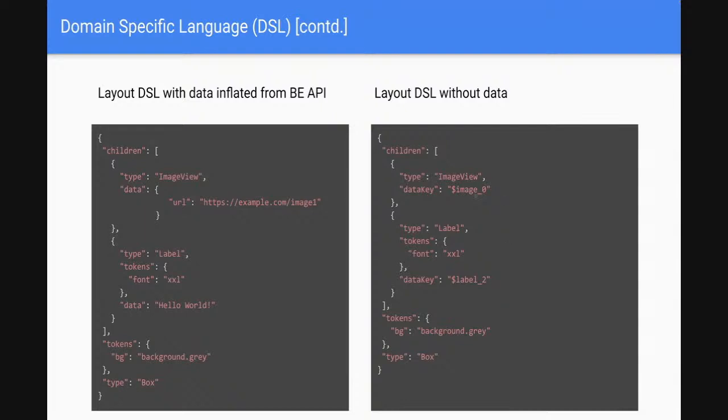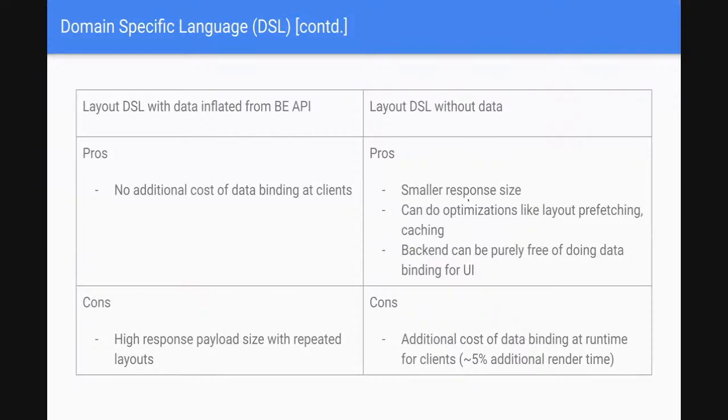And the second approach is the one which we have taken, wherein we have put in references to the actual data. Why we did this? So basically, the advantage of keeping layout with data already filled in would have been that there would be no additional cost of filling in the data, doing the data binding at clients, right? That would be the main advantage.